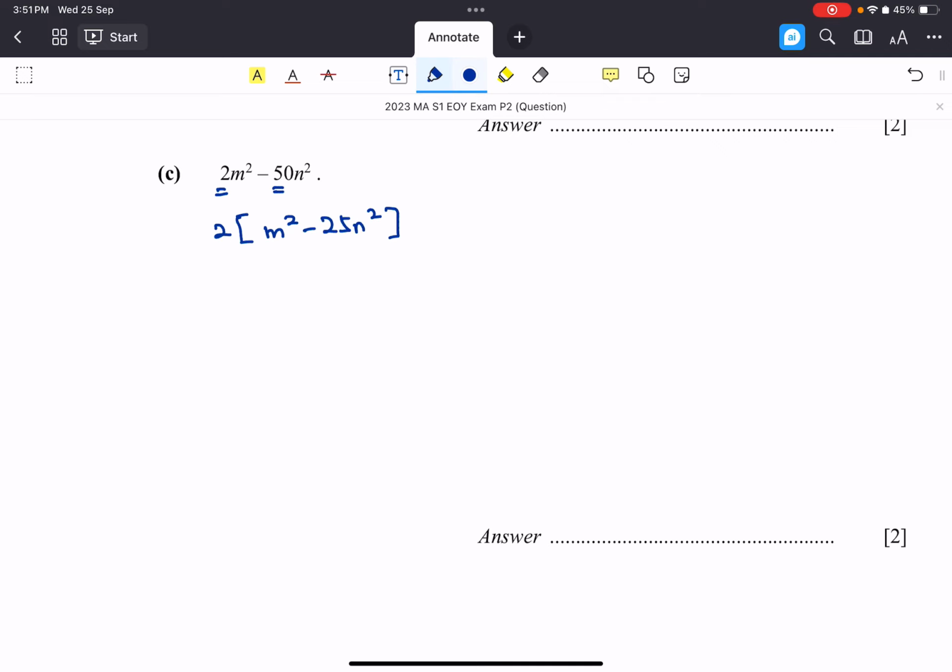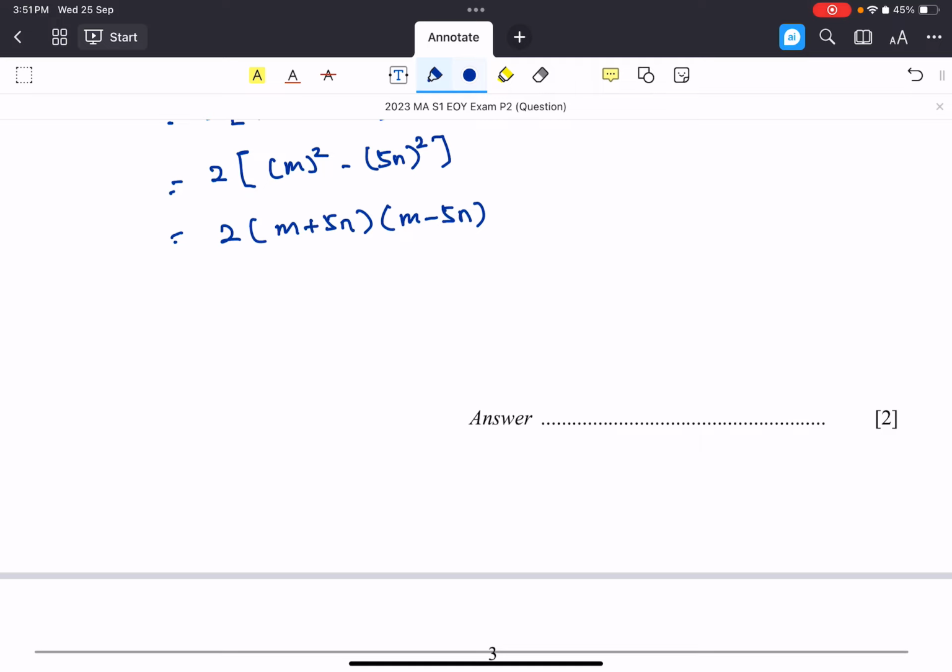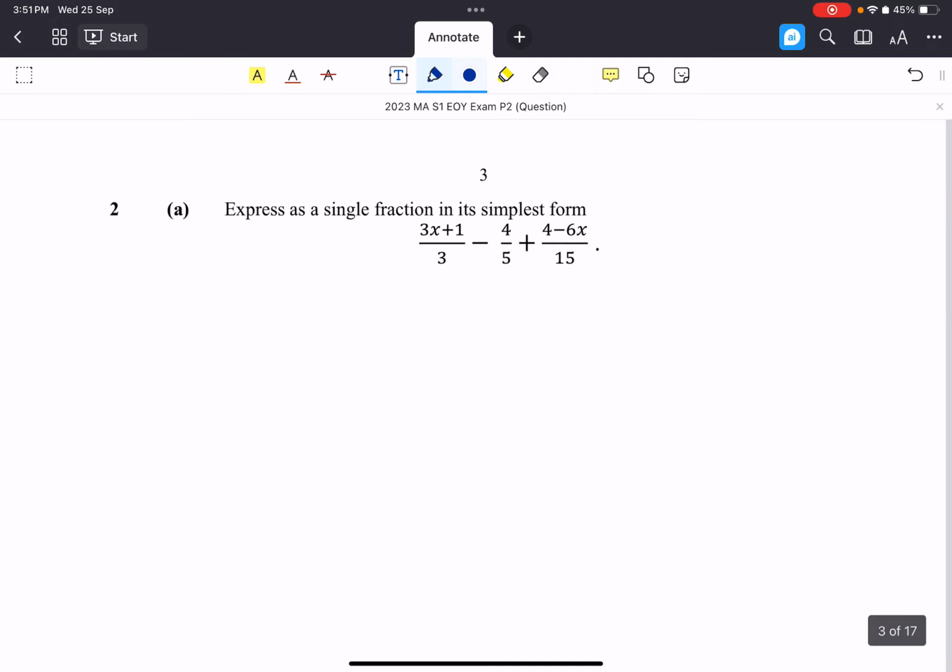So from here, this is 2, and we have m squared minus 25n squared is actually m squared minus (5n) squared, so that gives us 2 times m plus 5n and m minus 5n. There we go, right? So that's the answer. So you just transfer to the answer space, right?